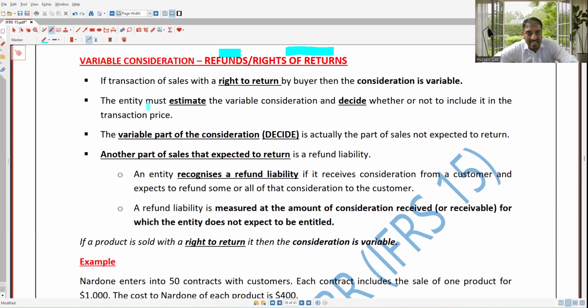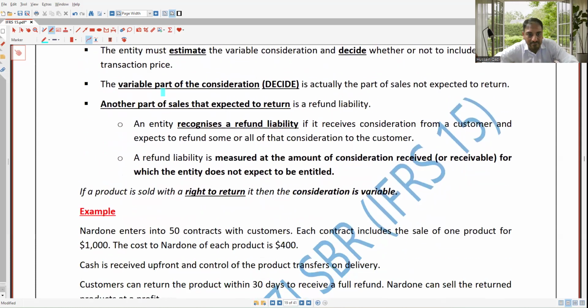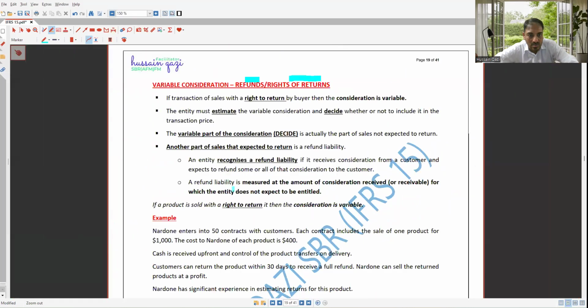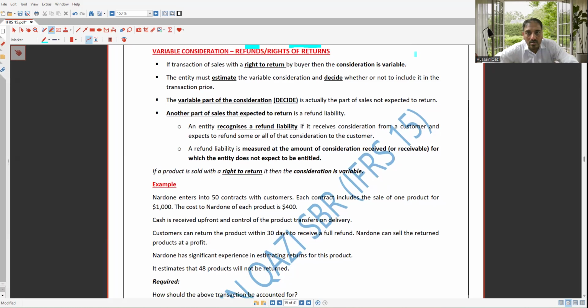First of all, read it carefully with the example as well. Please read it carefully.